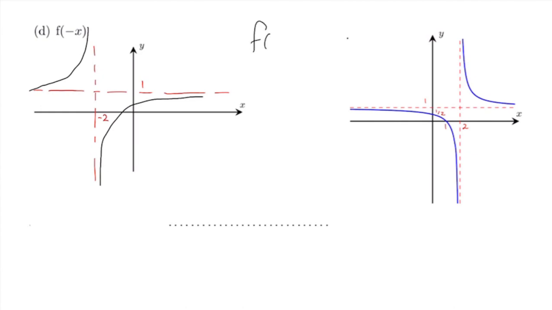The original, of course, I'll write it again, is 1 over x minus 2 plus 1. So we are replacing x by -x. We're going to get y equals 1 over -x -2 plus 1. And if you use basic algebra, you can work out that it's actually x -1 and this is a half.